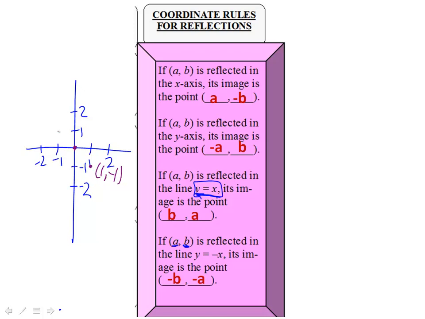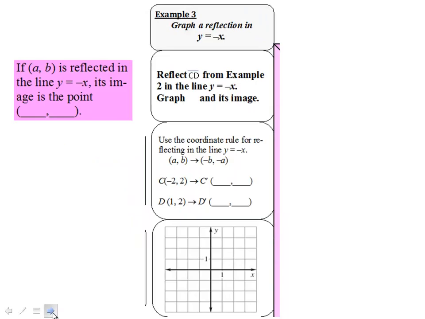If y is negative 1, then x is the opposite, it's positive 1. So y equals the opposite of x is a line that looks just like this. There's y equals the opposite of x. So if we want to reflect over that line, we flip our ordered pair and do the opposite sign. So if AB is reflected in y equals the opposite of x, remember you do the opposite of B, the opposite of A.